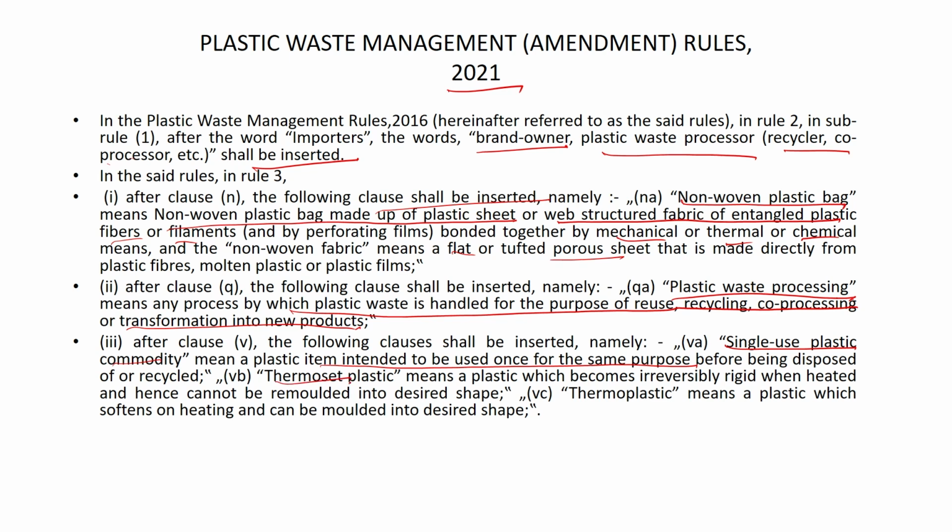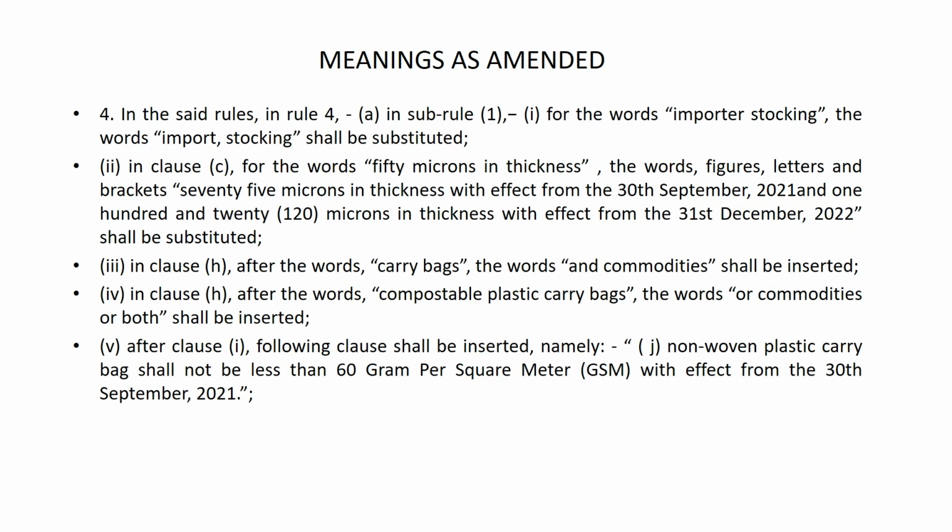Thermoset plastic, which means a plastic which becomes irreversibly rigid when heated and hence cannot be remolded into a desired shape. Thermoplastic means plastic which softens on heating and can be molded into the desired shape. So, the meanings have been amended.